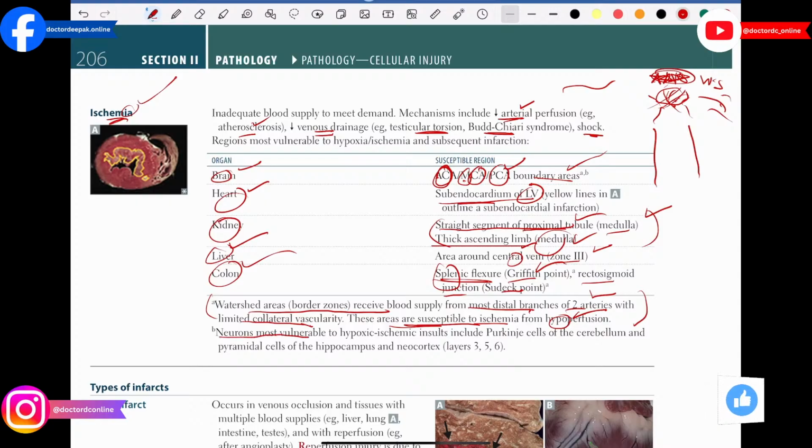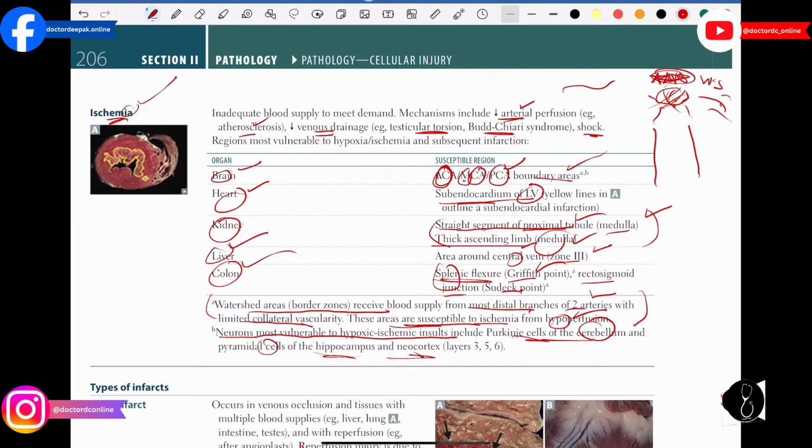Then the neurons most vulnerable to hypoxic ischemic insult include the Purkinje cells of the cerebellum, pyramidal cells of the hippocampus, and neocortex. So these are the examples in which the cells of the cerebellum, hippocampus or neocortex are going to be injured more.